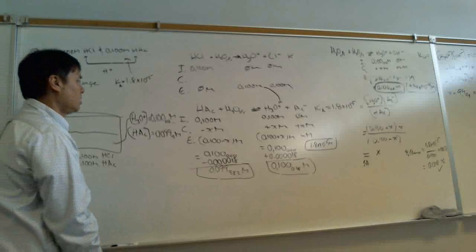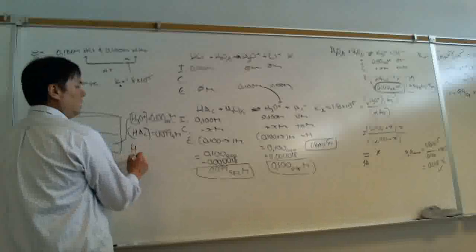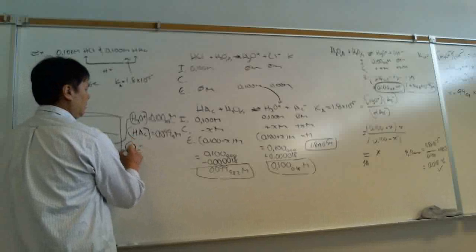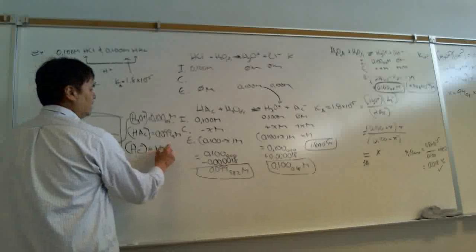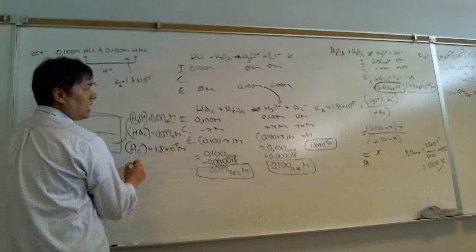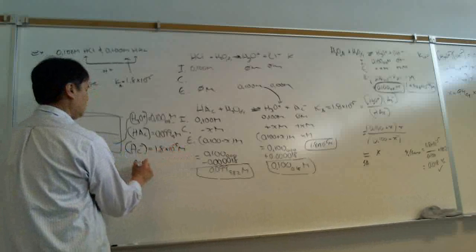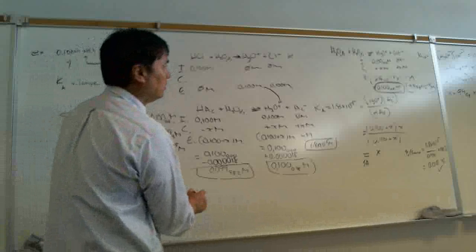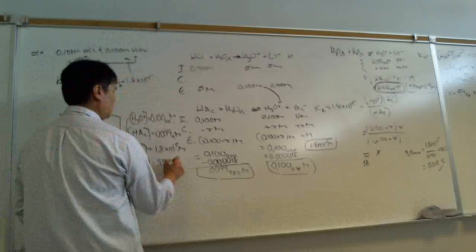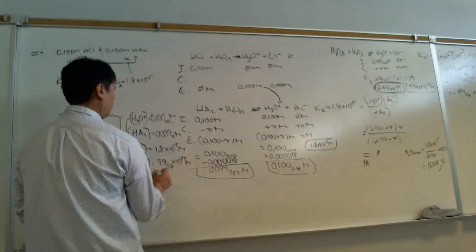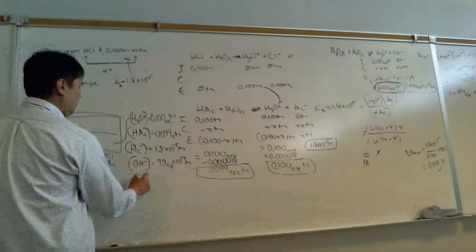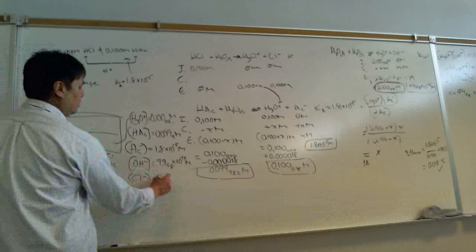It looks like it didn't change at all. And then we have the acetate, 0.8 times 10 to the minus 5 molar. And then we have the hydroxide at 9.998 times 10 to the minus 13 molar. And that would be the inventory. Oops, yeah, I forgot the Cl. The Cl minus would be 0.100.